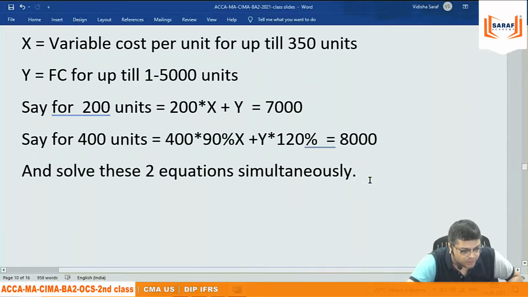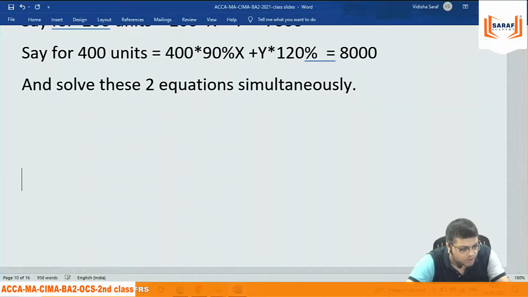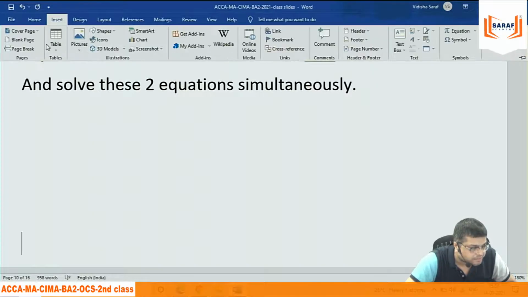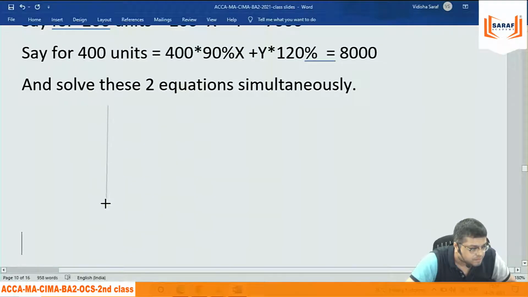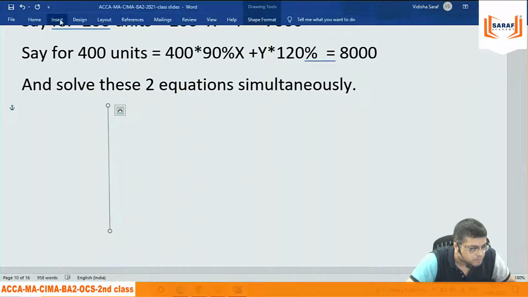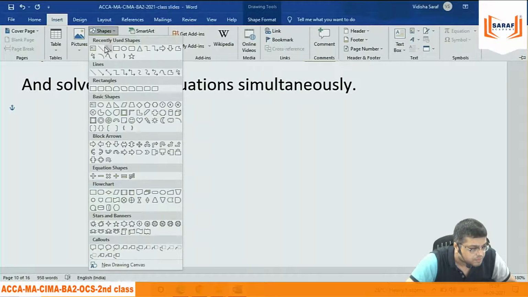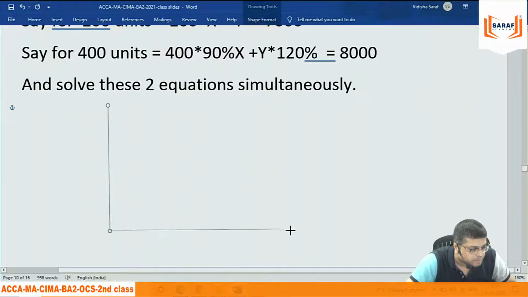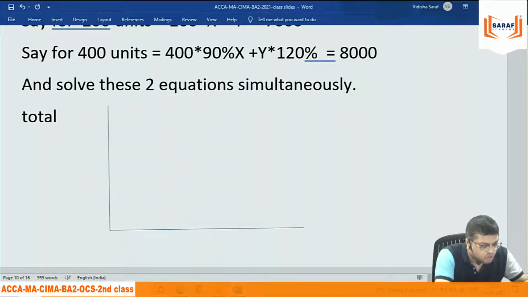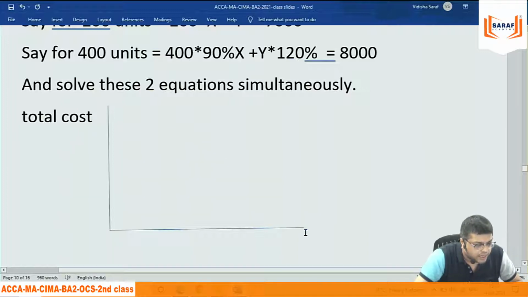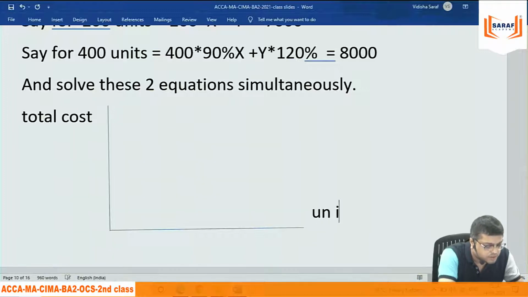The questions which we have solved up till now today. Suppose here we are taking total cost, and here we are taking units.